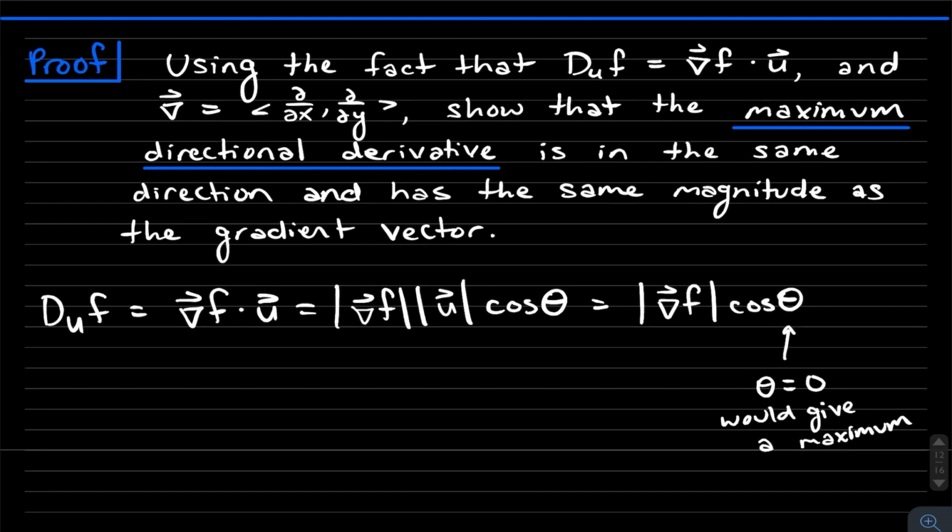Okay, cool. Now, we have actually just shown that the maximum directional derivative is the same thing as the gradient vector. But let's see how. First, we wanted to show that the maximum directional derivative is in the same direction as the gradient vector.